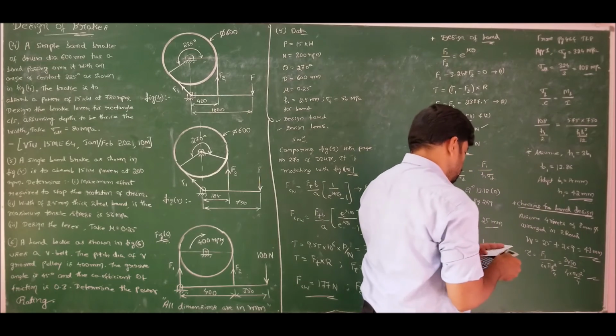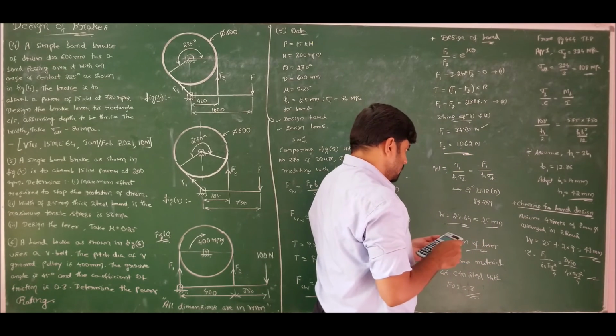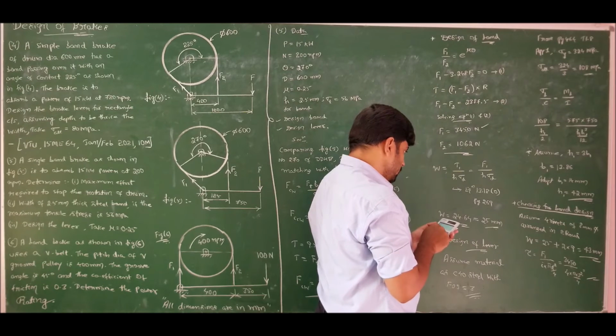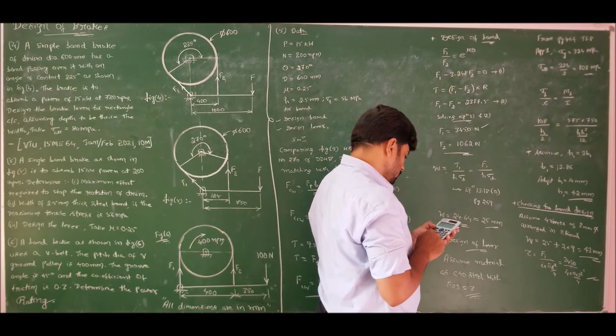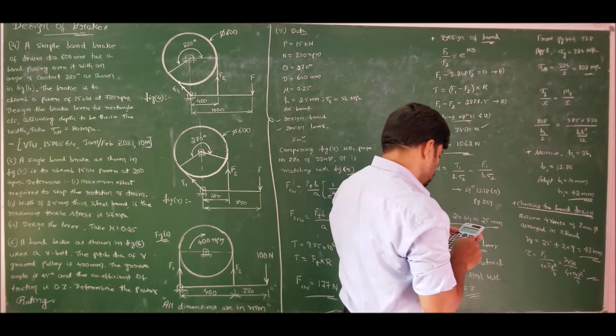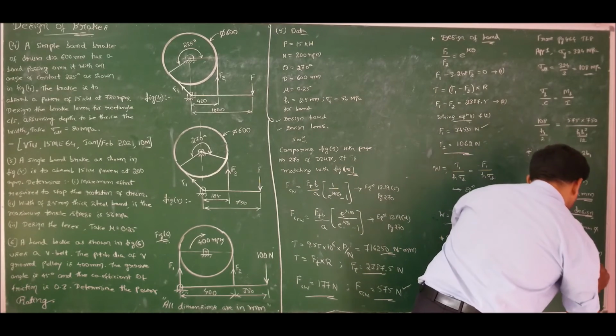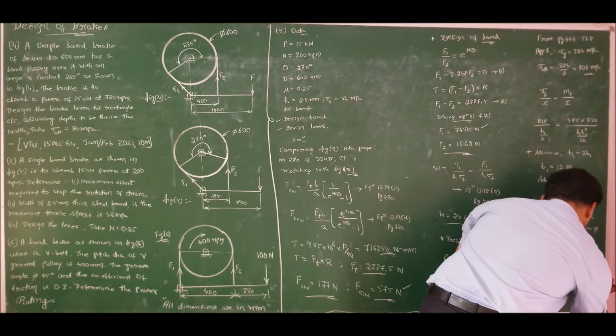If I solve, I get the answer as 3450 divided by 4 into pi into d square multiplied by 4, which is turning out to be 17.16 megapascals.